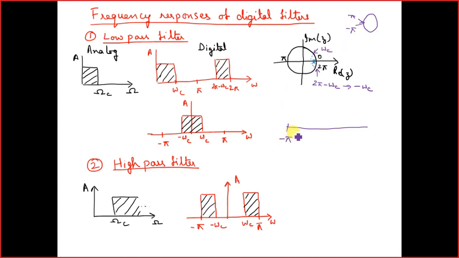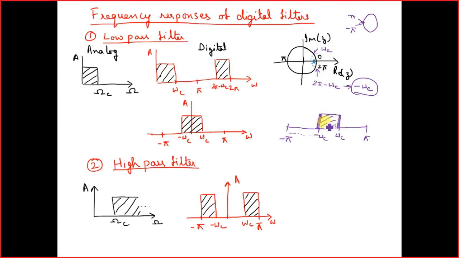As I go from minus pi, I will not have any effect until I reach minus omega c. Then I will be crossing 0, then going up to omega c. Over there my signals are passing, and then up to pi there is no effect of this pole, right? Are you able to understand?